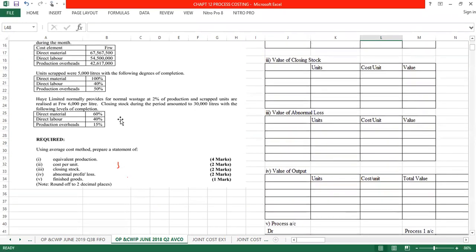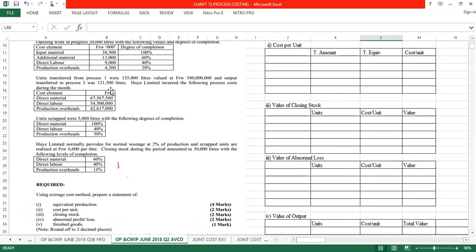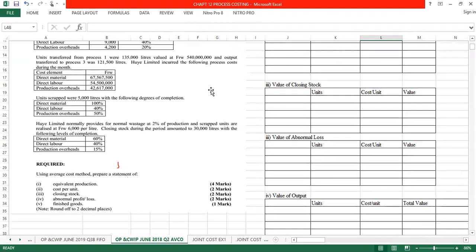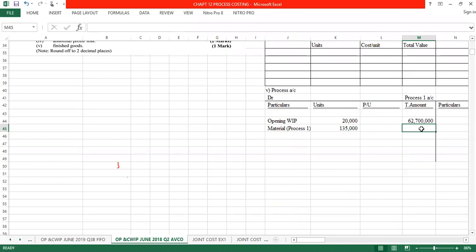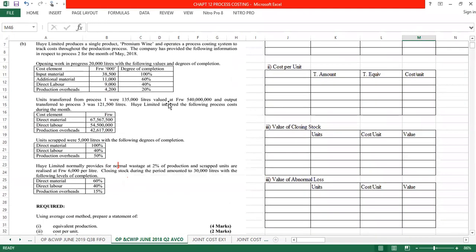And were we given the amount? 540 million. Whenever I make a mistake, you correct me. I think it was 540 million.